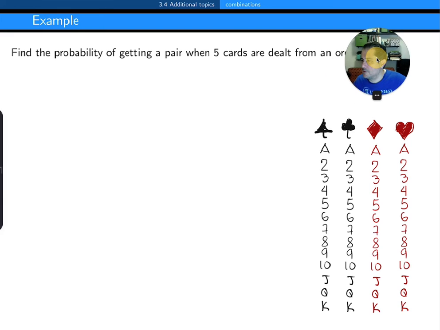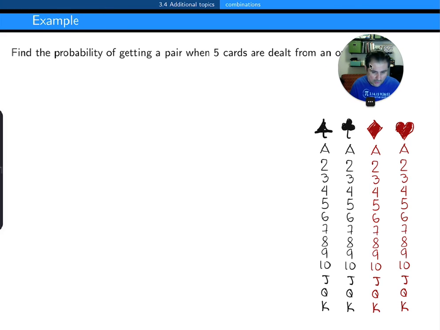To deal with 1 pair, of course, there's only 1 pair, so I need to select first which denomination I'm going to be using. Is it going to be a pair of aces? A pair of 8s? A pair of queens or kings?